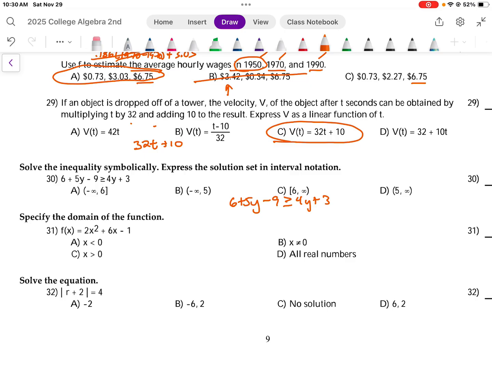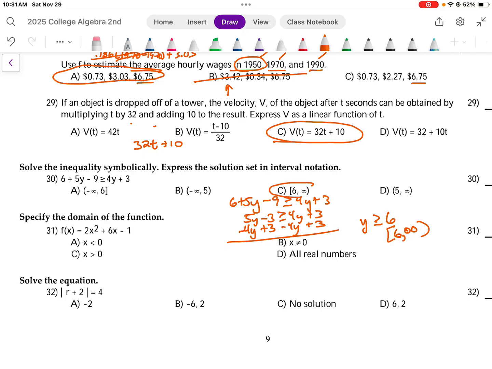So I'm going to go ahead and combine the 6 and the 9. So 5y minus 3 greater than or equal to 4y plus 3. I'm going to subtract the 4y. I'm going to do that because that keeps my y positive, so I don't have to worry about flipping. And this gives me y is greater than or equal to 6. So that would be a bracket on the 6 to infinity.